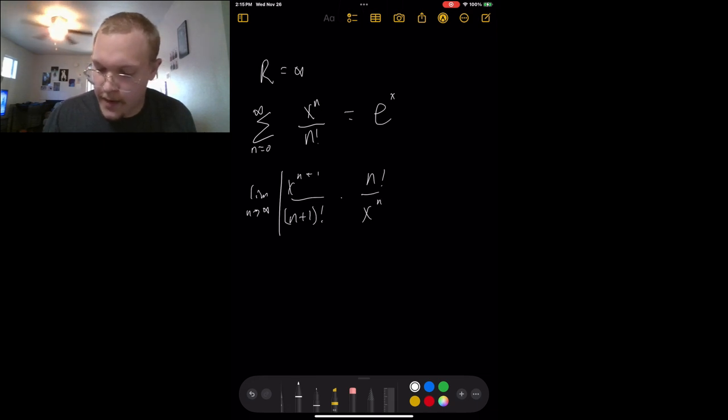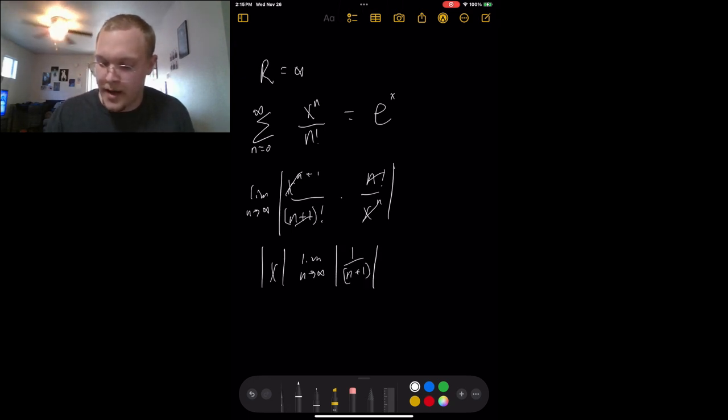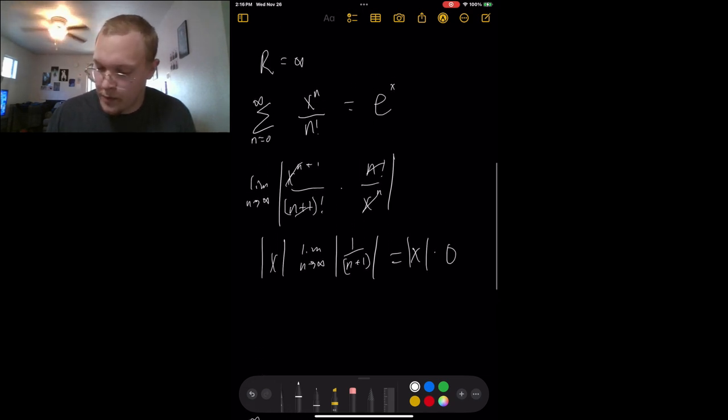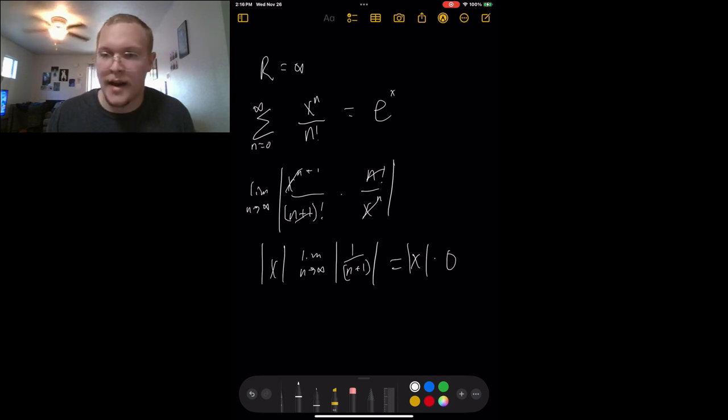Then we're going to cross cancel these, and we're left with the magnitude of x times the limit as n approaches infinity of the absolute value of 1 over n plus 1. This is just going to be equal to the magnitude of x times 0, but because that's going to be 0 for any value x, we know that the limit will be less than 1 for any given x, and therefore the radius of convergence is infinite.